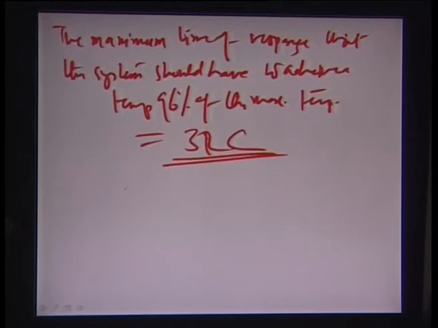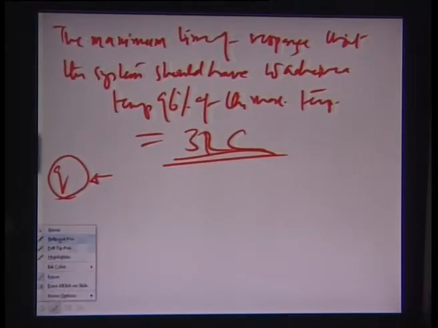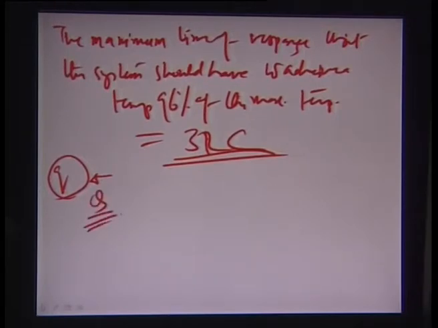As we saw in the RC example, Q, which was the electrical equivalent of the heat, was about 63% of the full charge once the time reached one time constant, and about 96% of the full charge as it reached about 3 times RC.